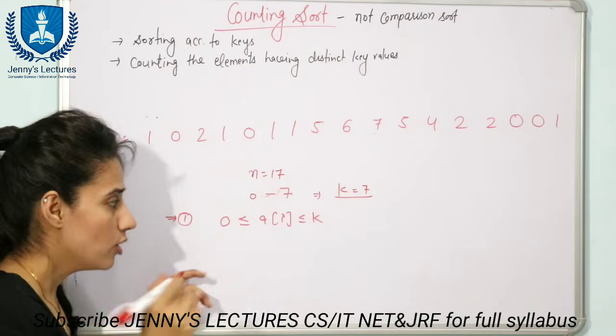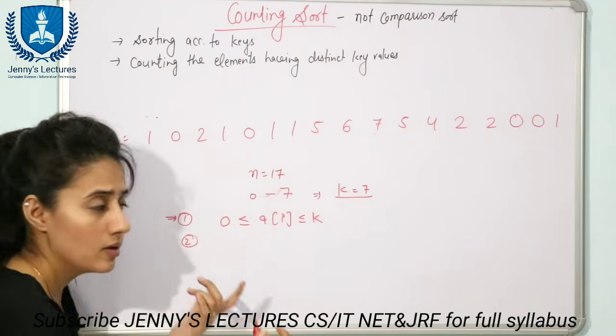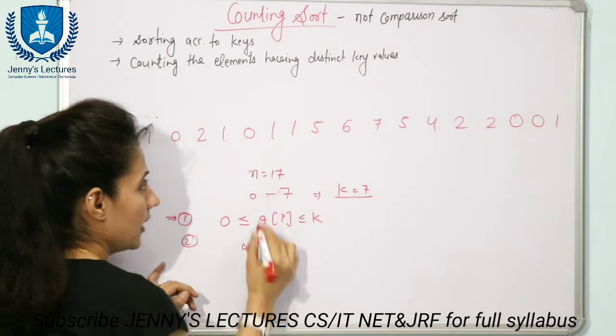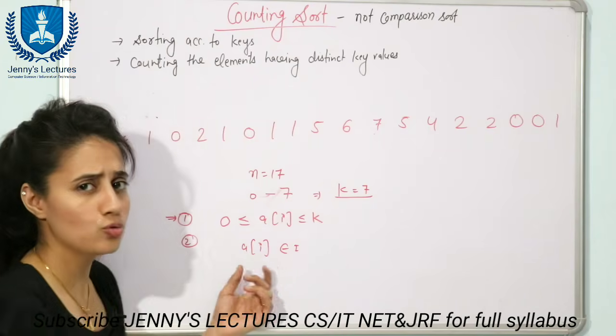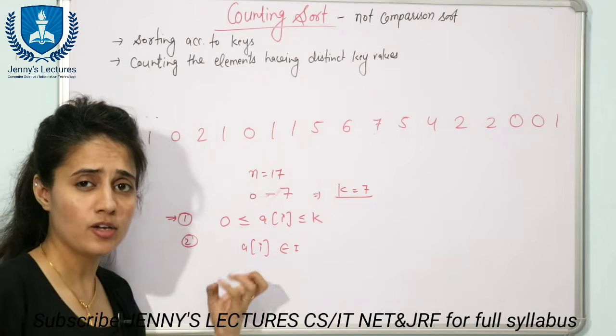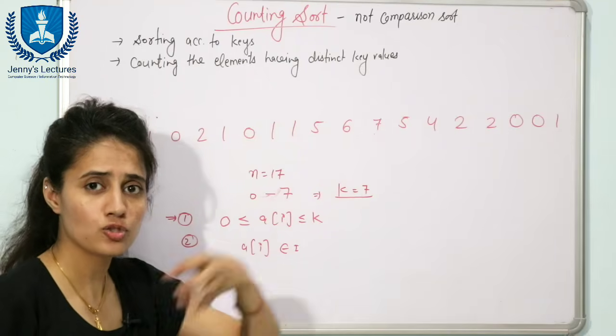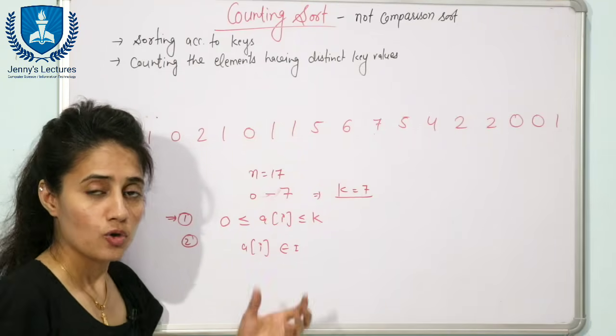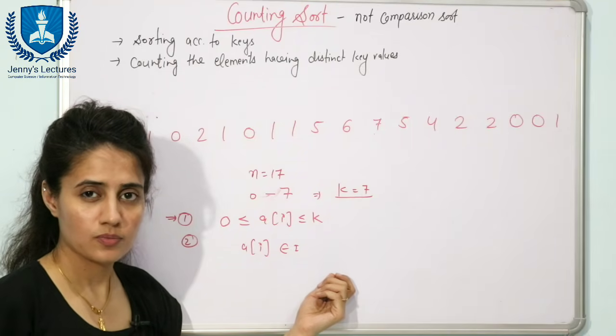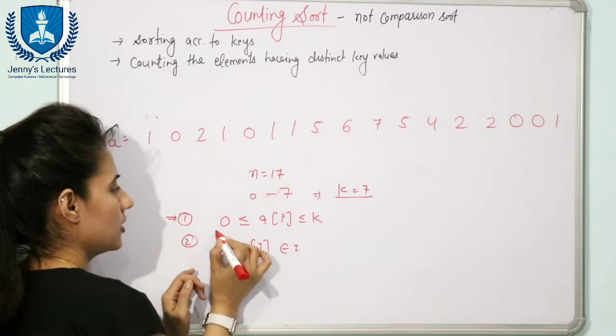Fine. Or second case, maybe these elements belong to any integer, maybe 0, negative, positive, very large integer, very small integer, something like this, with k different values. Fine. So we are going to check this case.